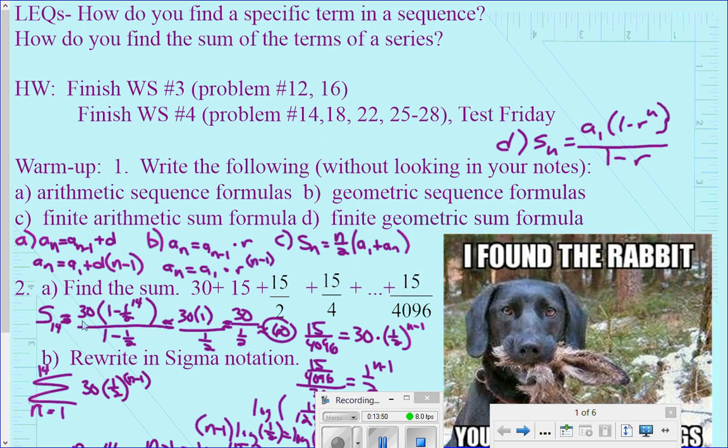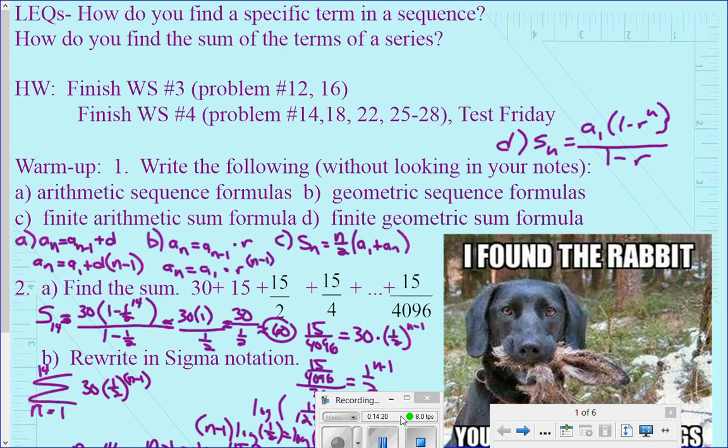And you'll notice the formula for a finite geometric is similar to the formula for an infinite. It's just that with the geometric finite, we have this 1 minus R to the n. If I take that away, I do have my infinite formula, A sub 1 over 1 minus R. So that's why sometimes your infinite geometric series will have the same sum as a finite geometric series.